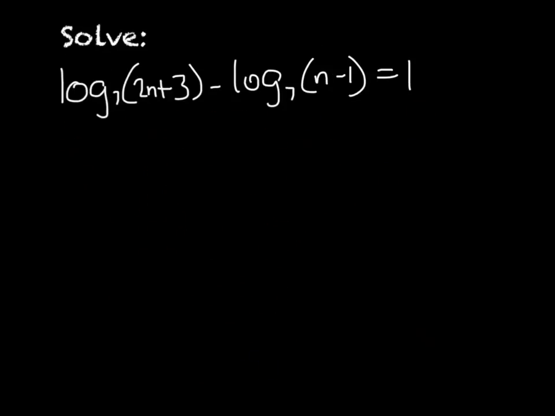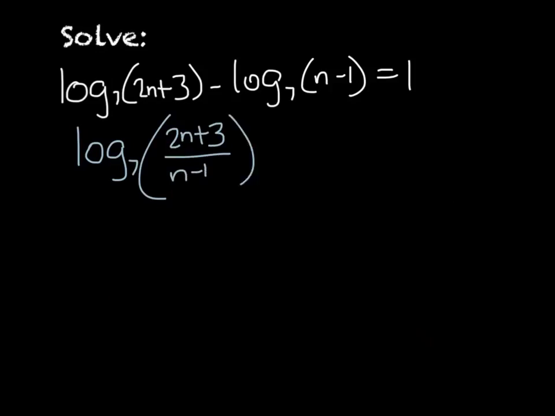Solve this equation. Here we'll use our quotient rule first, so log base 7 of 2n plus 3 over n minus 1 equals 1. Now what we can do is rewrite this in exponential form, so 7 to the power of 1 equals this element here, or 7.